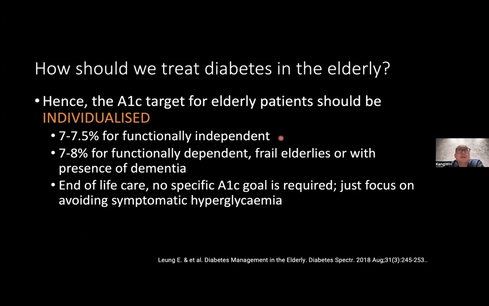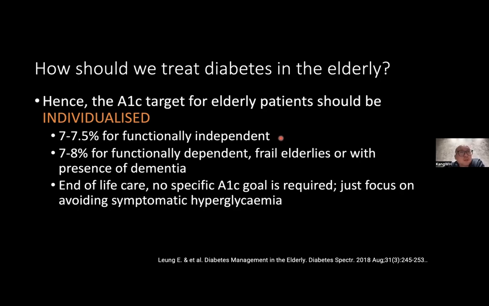So there should be no one single number of A1C for this group of cohorts. If the patient is very, very good, functionally independent, memory is good, able to take care of himself, no comorbidities, low risk of hypos, then yes, an A1C of 7 to 7.5% would be wonderful. So these patients, their sugar is great.